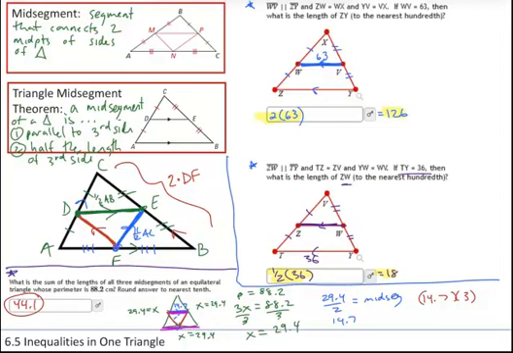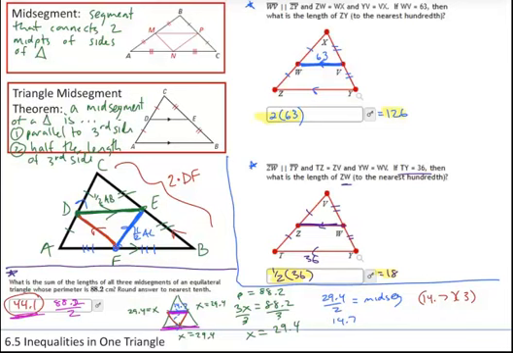So the ratio between the mid-segments' perimeter and the perimeter of the original triangle is also going to be 1 to 2, and what is 1/2 of 88.2? If I calculate that, I get my answer, 44.1. So if you understand how that works, all you need to do is take the given perimeter and divide by 2, and that's going to be the total sum of the three mid-segments, or the perimeter of that triangle formed when you connect all the mid-segments.